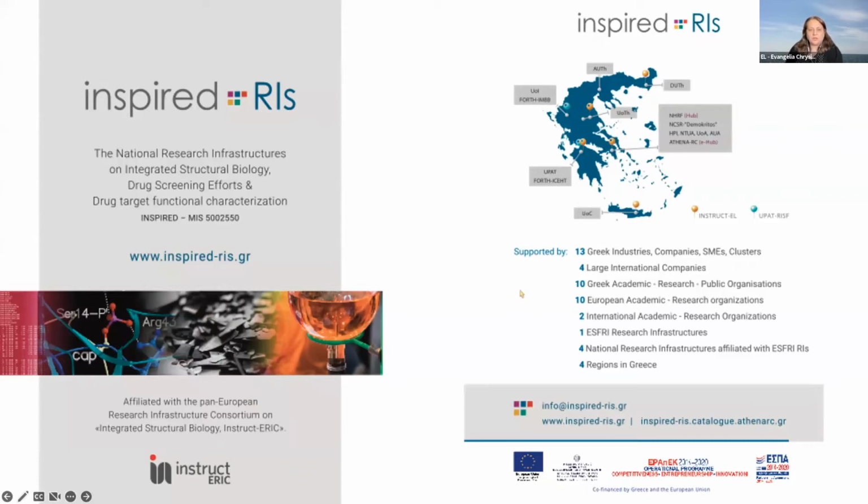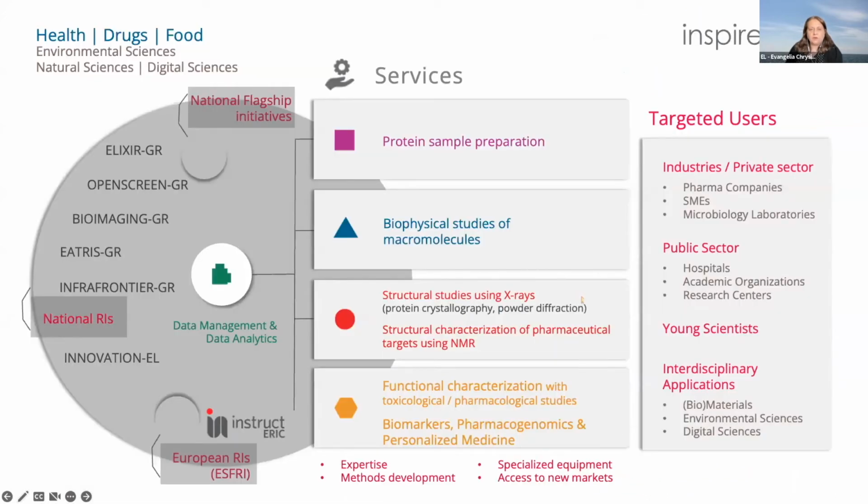So as an infrastructure, obviously, we have targeted users that come not only from academic and research organizations, but also from industries and the private sector, and we also aim to reach young scientists and to have interdisciplinary applications, which is most important given the discussion that I have already heard going on in EOSC Future.